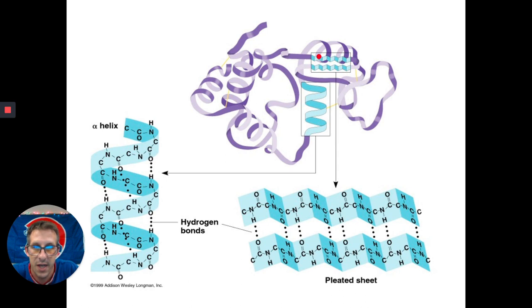So they're in close enough proximity where you will have the slightly positive hydrogen interacting with the slightly negative oxygen from another adjacent amino acid. Okay, so it causes this structure to form, which is known as the alpha helix, because of these close associations where hydrogen bonds can form.